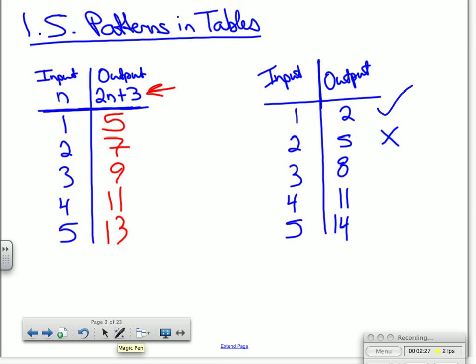So the rules of thinking that I'm adding 1 or thinking that I'm timesing by 2, which, if we were writing expressions, would have been n plus 1 or 2n, both now do not work. So we go to the skill that we practiced yesterday when we were trying to make up stories. And we look for a pattern going this way.